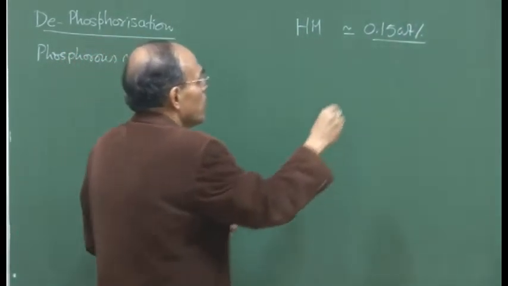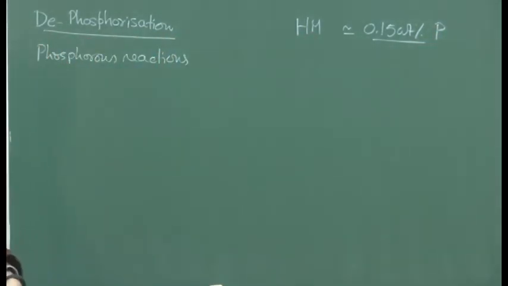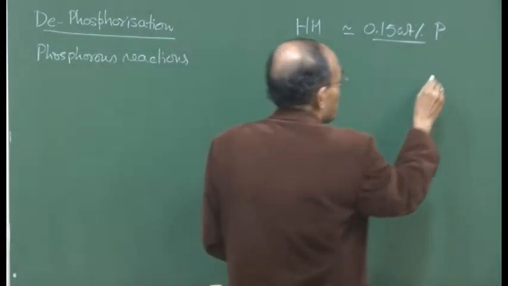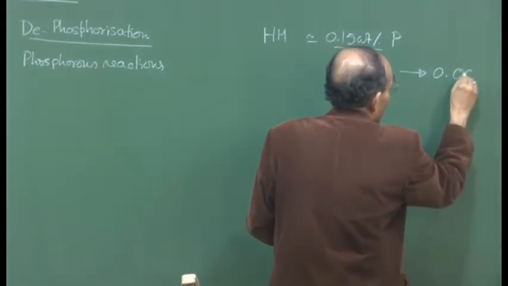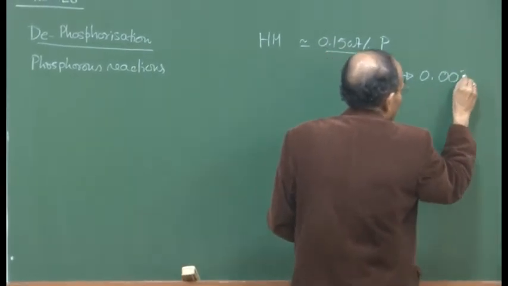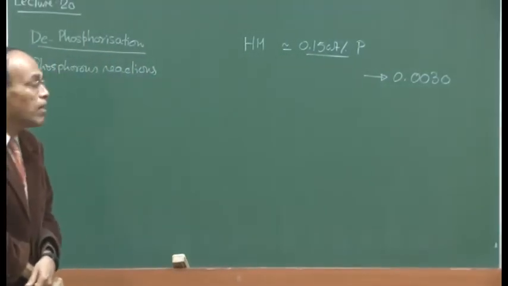That is the kind of phosphorus that we are expecting in the melt, and we are targeting a lower phosphorus. The target phosphorus in the final finished product could be as low as 10 ppm, or in general about 30 ppm phosphorus for good steel.